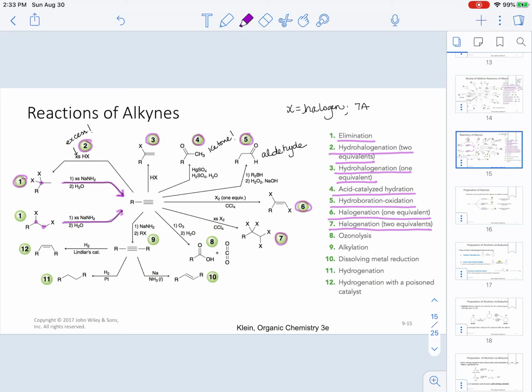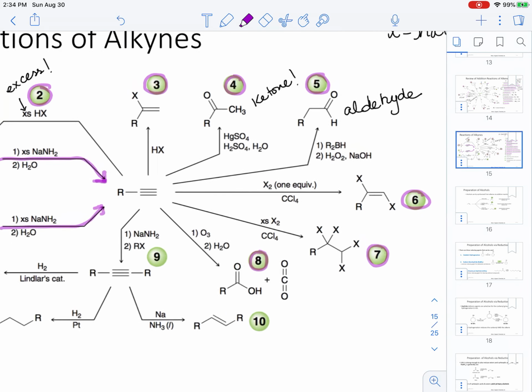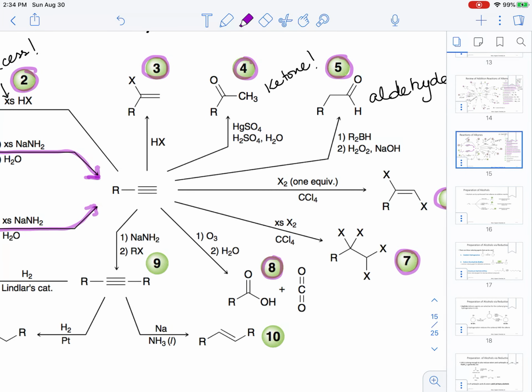Ozonolysis can also happen at the level of alkynes, as you can see in reaction 8. And in this case, similar to what we saw before, we are going to be cleaving specifically at the carbon-carbon triple bond. Now, the middle alkyne that we have in this reaction is what we call in organic chemistry a terminal alkyne, because at one end it has a carbon and that carbon is bonded to hydrogen.